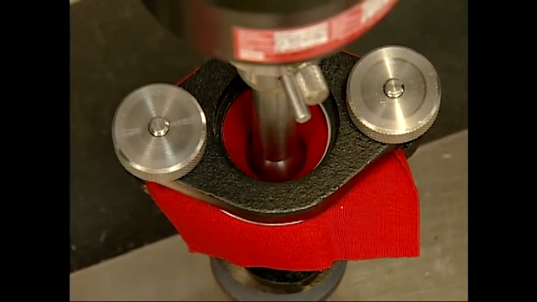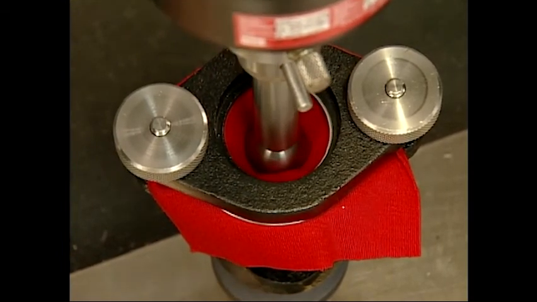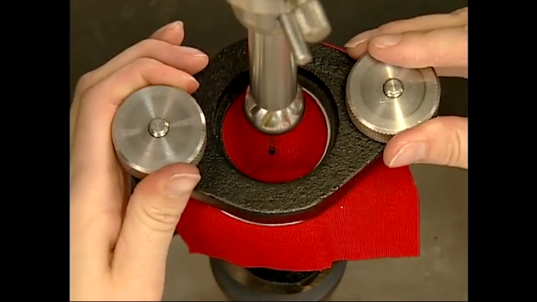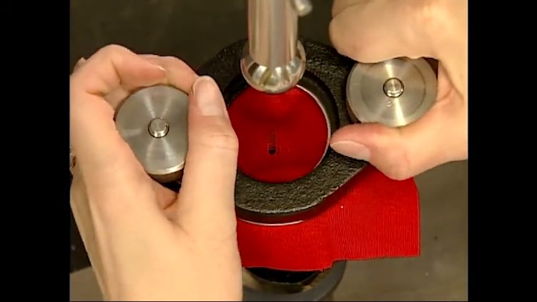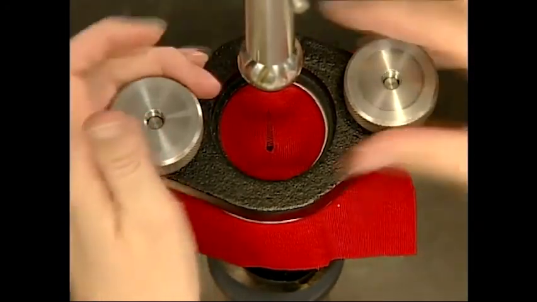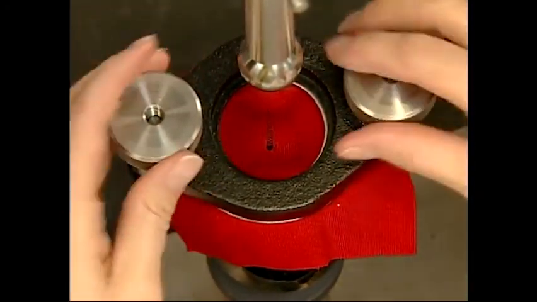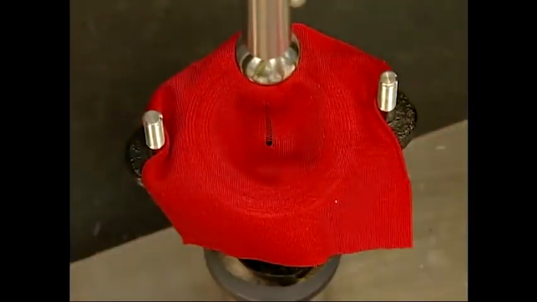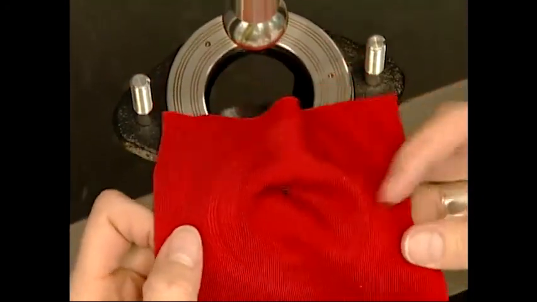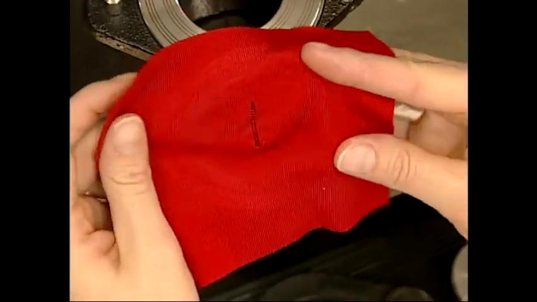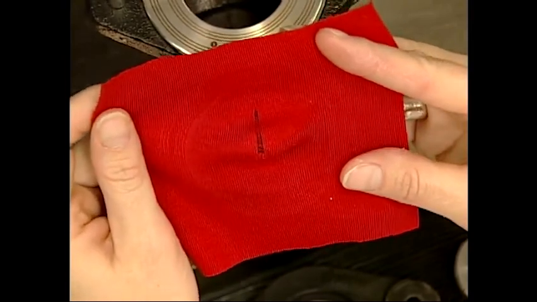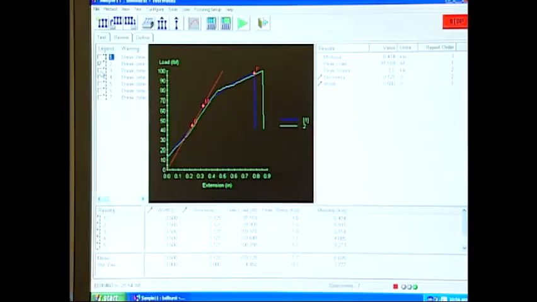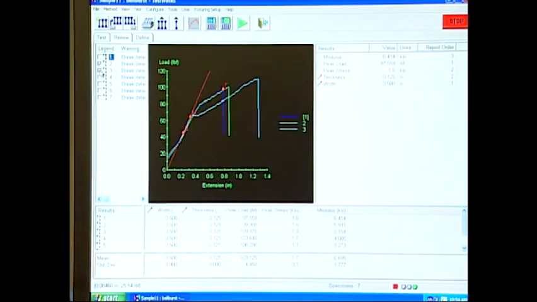After the specimen bursts, the ball returns to its original position, the specimen is removed, and the rupture is inspected. The force and elongation at rupture are recorded for each specimen as it's broken. When the test is complete, the values are averaged and reported.